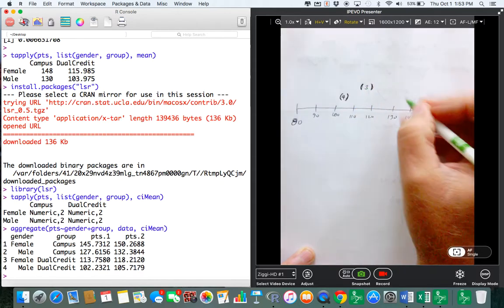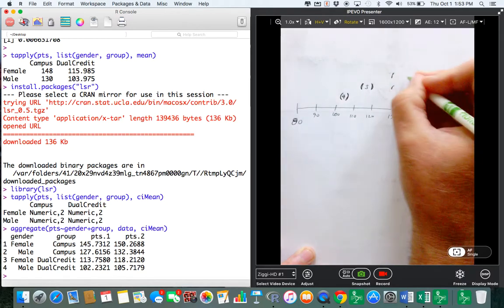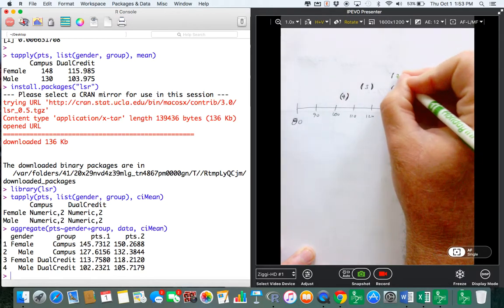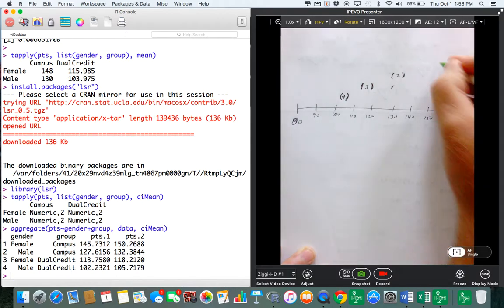Now I go from 127 to 132, and then I go from 145 to 150.